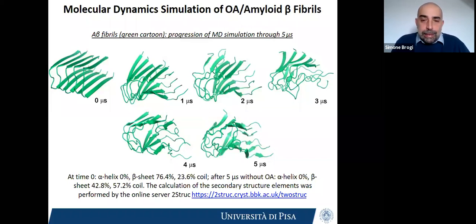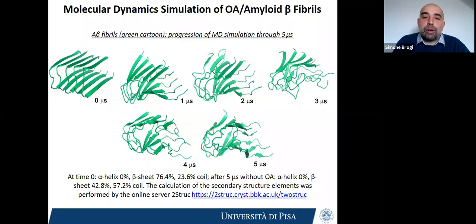And this content of beta sheet and the ordered structure that is not lost during the simulation could allow the role of oleuropein aglycone as amyloid beta fibril disruptor, since this conformation of amyloid beta is still toxic for the cellular environment.